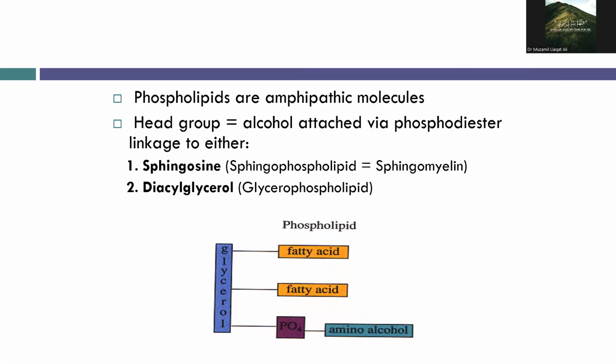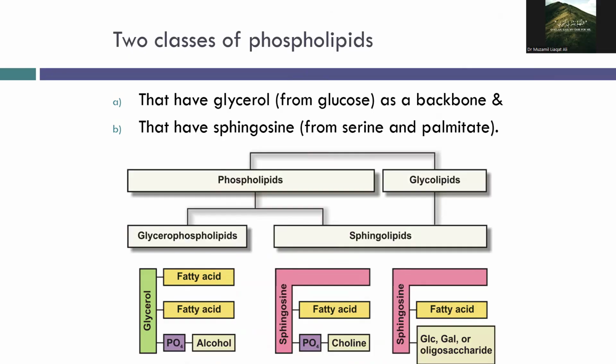The head group, that is, the alcohol, is attached by the phosphodiester linkage to either the sphingosine or the diacylglycerol molecule. As you can see in this slide, there are two classes of phospholipids: one that has glycerol from glucose as a backbone, and one that has sphingosine from serine and palmitate.